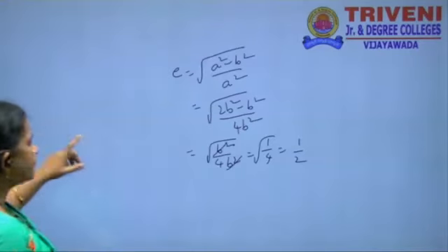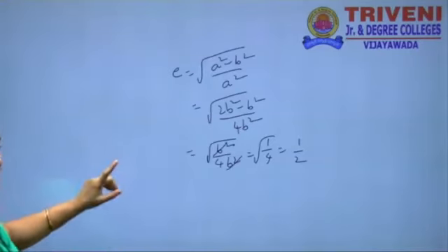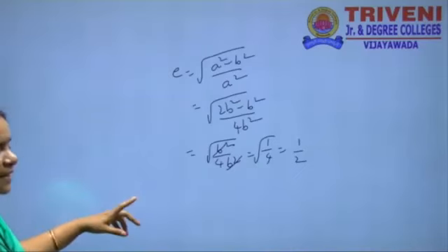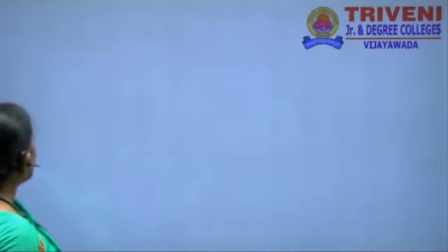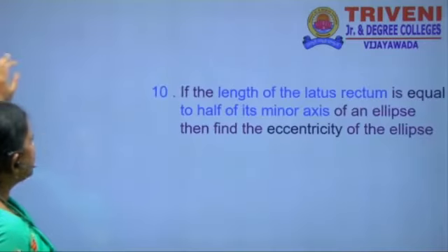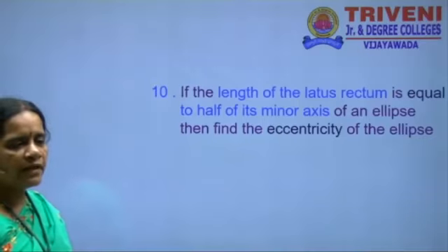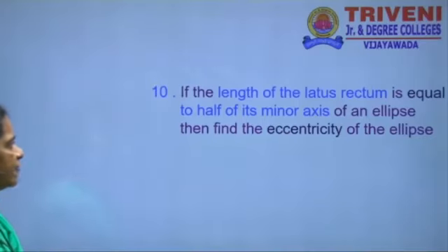Here we had to find using the major axis: they given the major axis and the length of the latus rectum is half of the major axis. Another way, the next one is: the length of the latus rectum is equal to half of its minor axis of an ellipse. Then find the eccentricity of the ellipse.